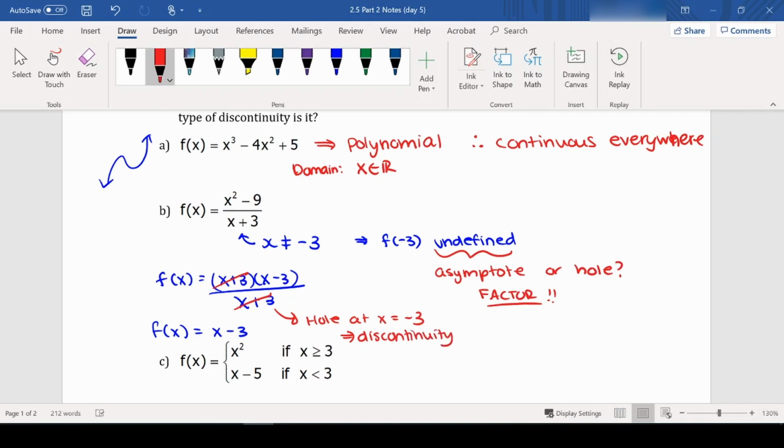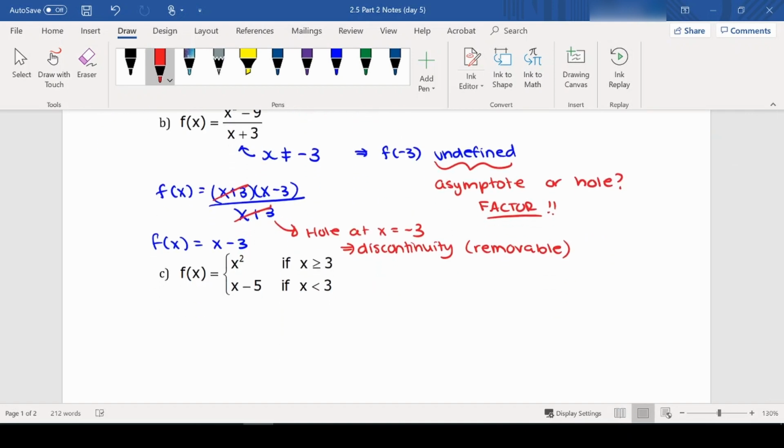What type of discontinuity? That's removable discontinuity. If it had been an asymptote, it would have been infinite discontinuity. The next one is a piecewise. So basically what we're trying to figure out is, are the pieces continuous, but also are the pieces connected at that transition point, or do they jump?